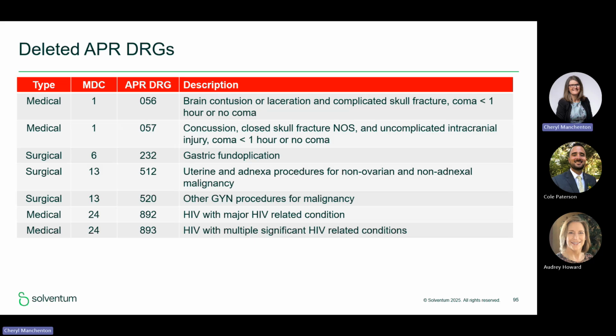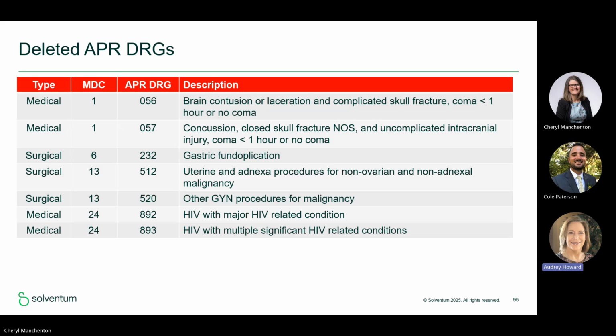Audrey, back to you. So these are the deleted APR DRGs. The first 2 are actually because the new one was created. So all of these will be shifting to the new APR DRG. Then in MDC 6, gastric fundoplication was deleted. MDC 13, there were 2 that were deleted.